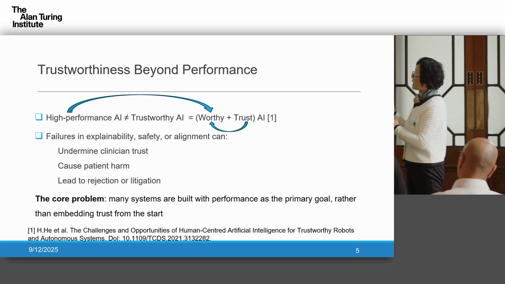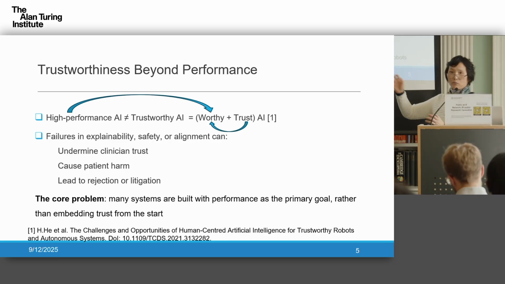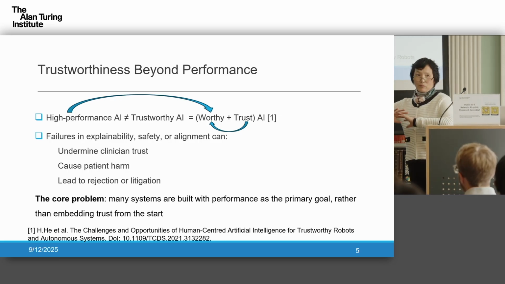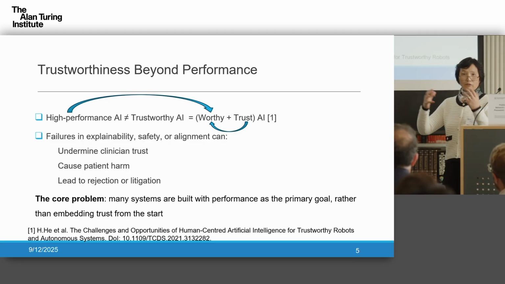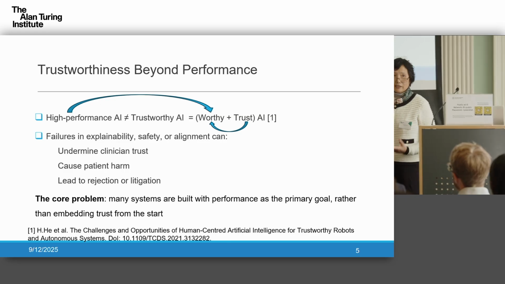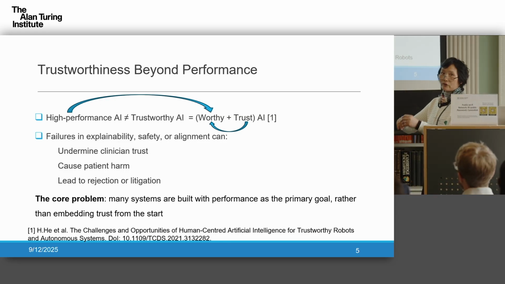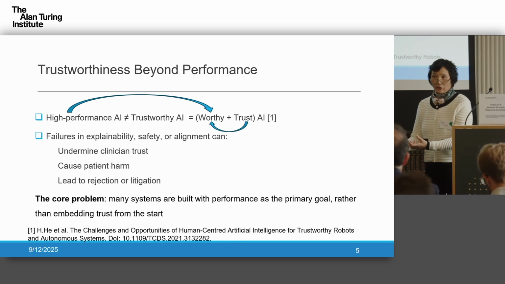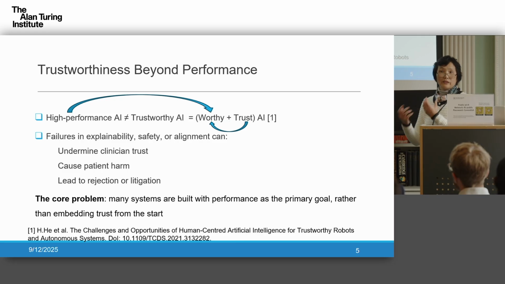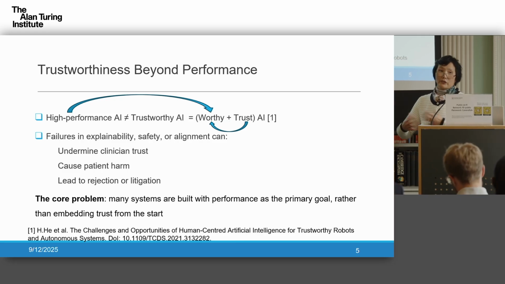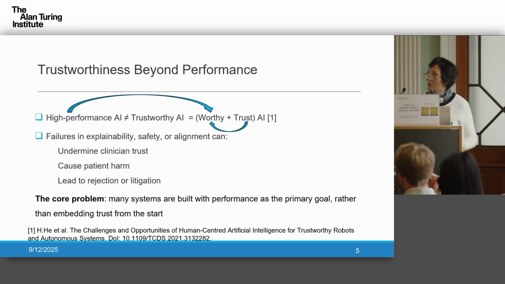Worthiness reflects high performance, speed, and efficiency, but how is this reflected by trust? This is particularly important. Trust is a reflection of worthiness, visible through accountability, transparency, explainability, and resilience.